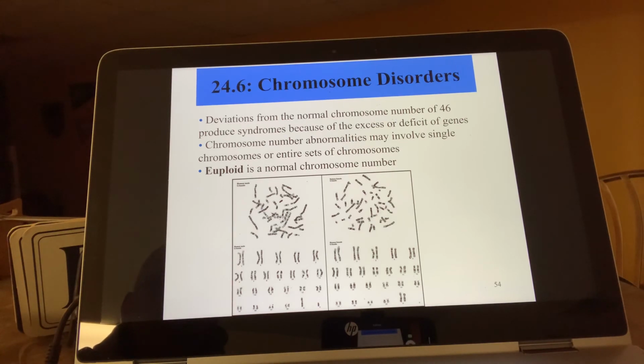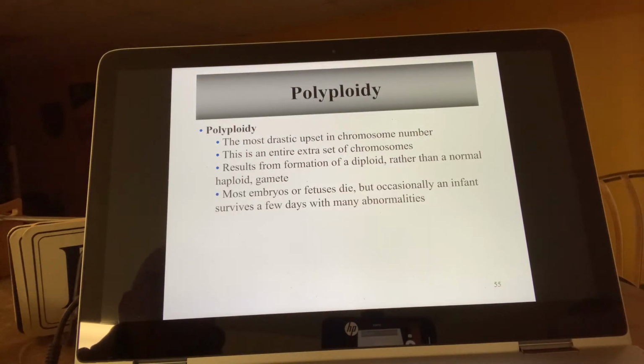Under normal conditions, all of the cells of your body have that. That is called the euploid number of chromosomes: 46 chromosomes, 23 pairs. But there are conditions in which abnormalities during meiosis cause an abnormal number of chromosomes.